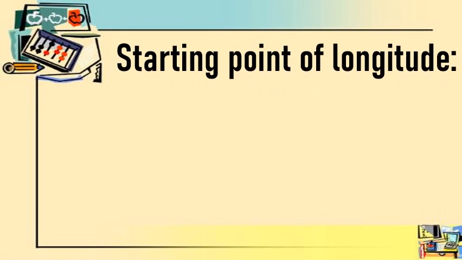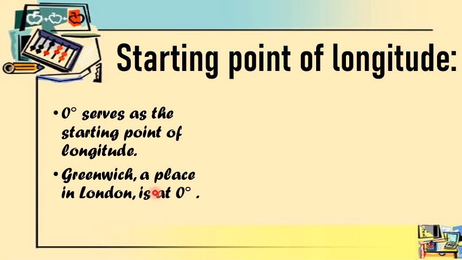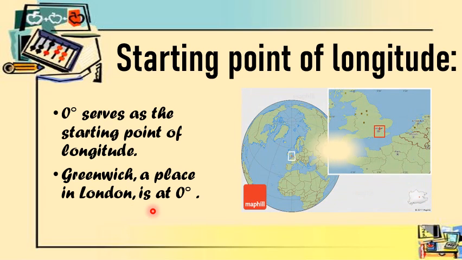Now the thing that we are going to learn now is the starting point for longitude. So 0 degree serves as the starting point of longitude, and Greenwich, a place in London, is at 0 degree longitude. You can see here that the mid-one line of all the lines of longitude is the prime meridian, as we had learned.